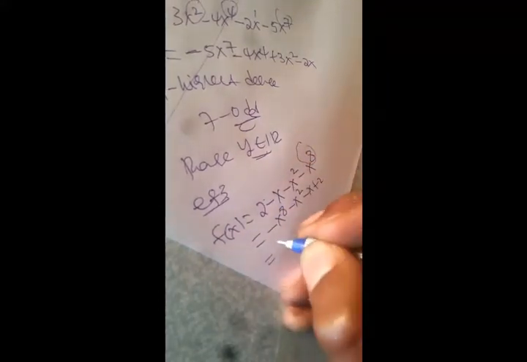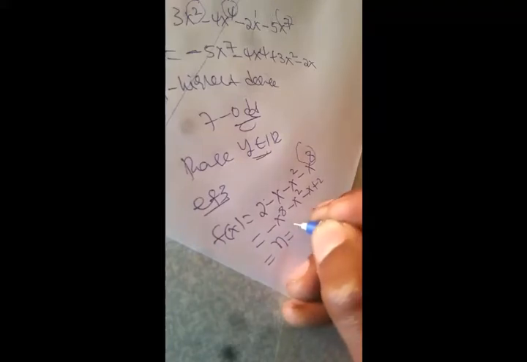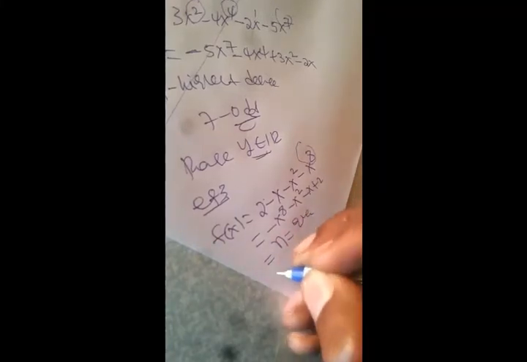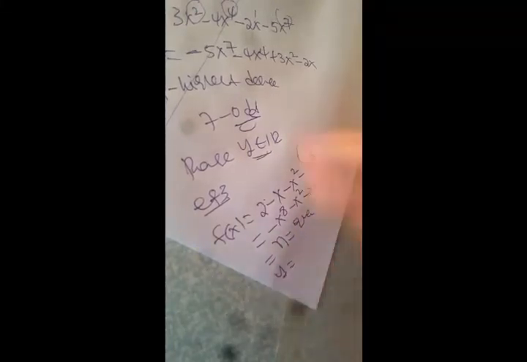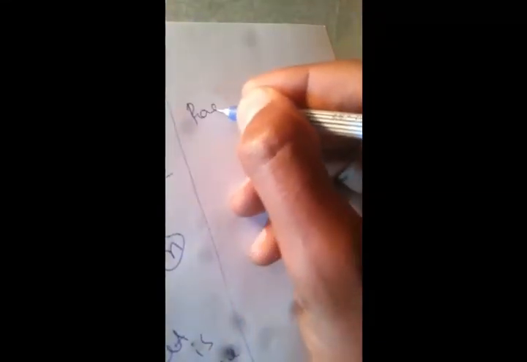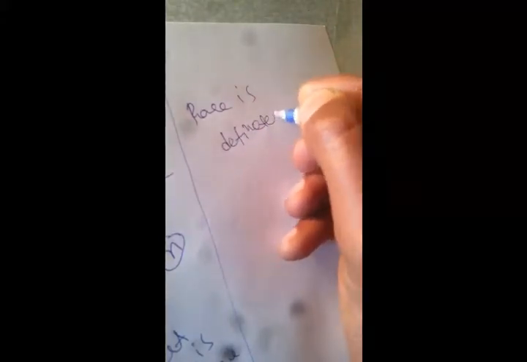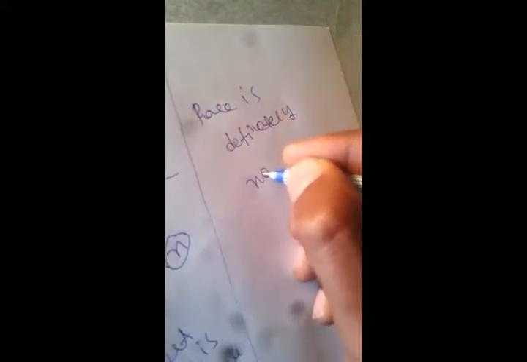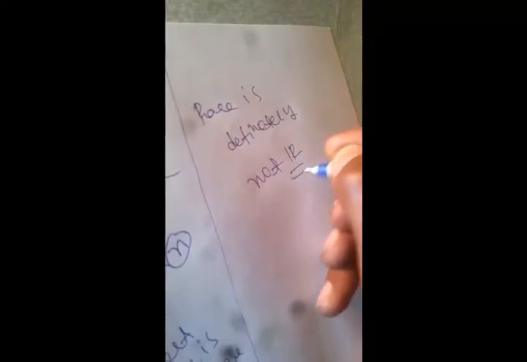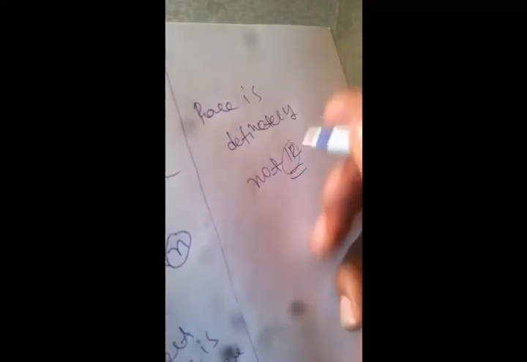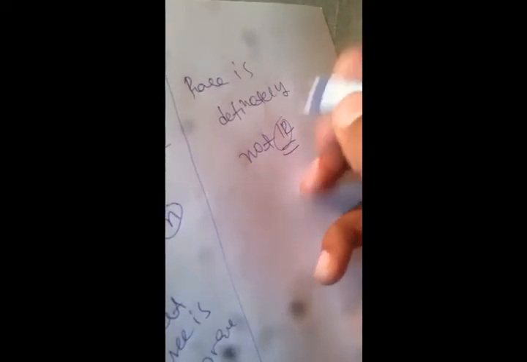Therefore, the value of the highest degree is even. If it is even, the range is definitely not real number, rather than real number. We will talk about it, no problem.